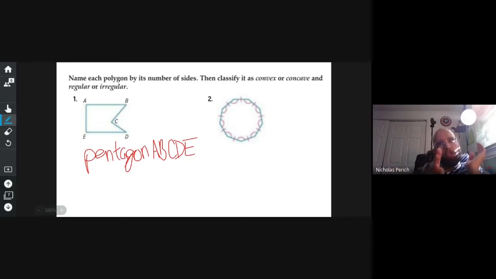Concave is correct because it looks like there's a chunk missing out of the right side of it. So we say concave. What else are we supposed to do here? Is it regular or is it not regular, which means irregular? It's irregular, good.